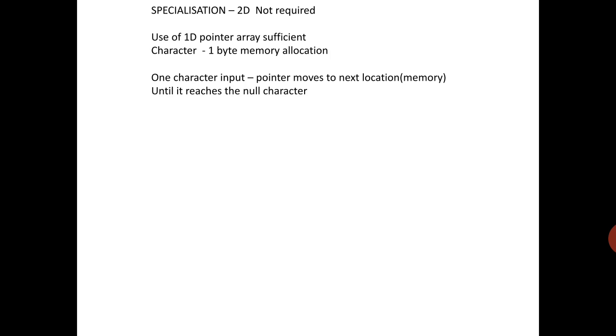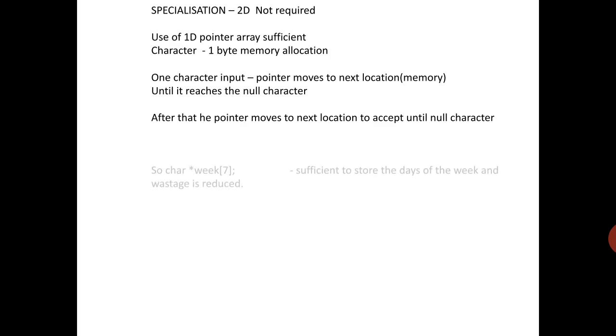To every cell, one input is moving, and the meaning is that when you move to the next cell, you are moving to the next location of the memory itself. Because a character occupies only 1 byte, you will keep moving like this until the pointer reaches the null character.